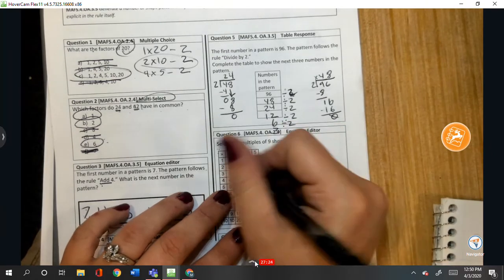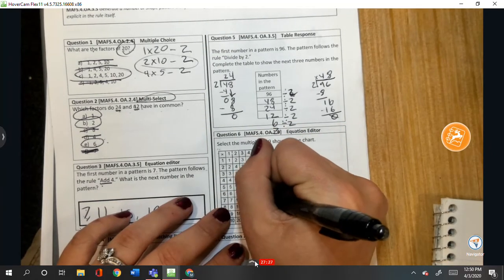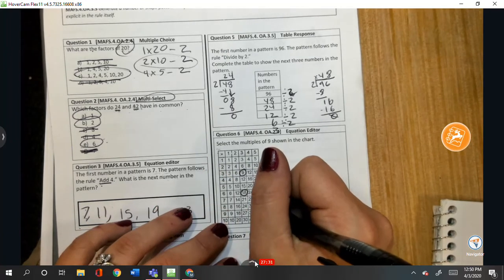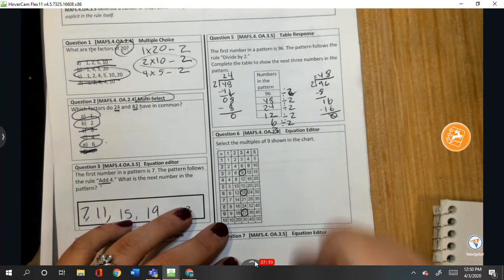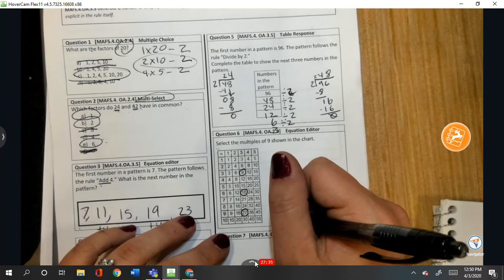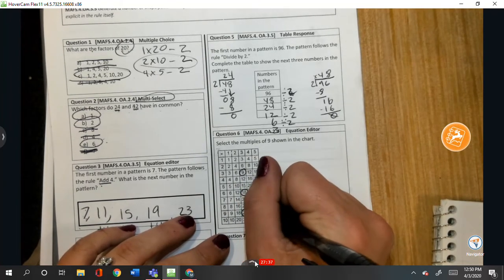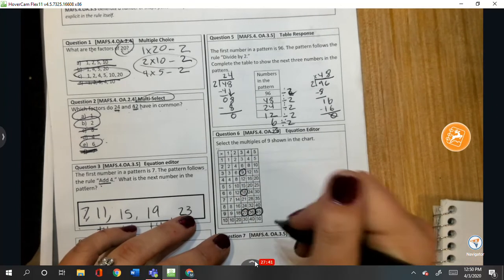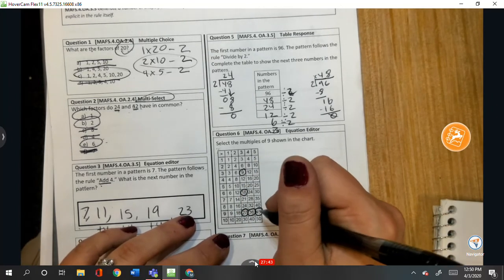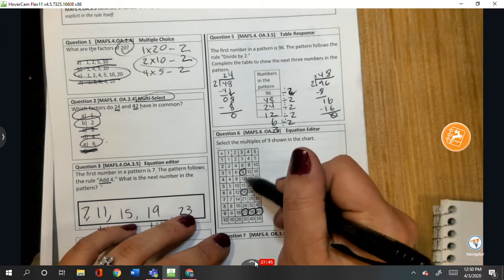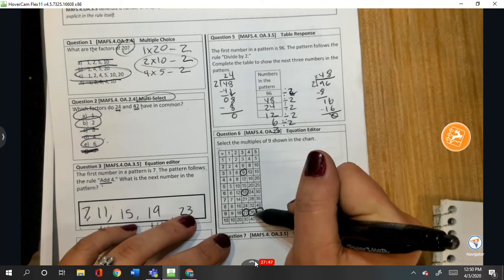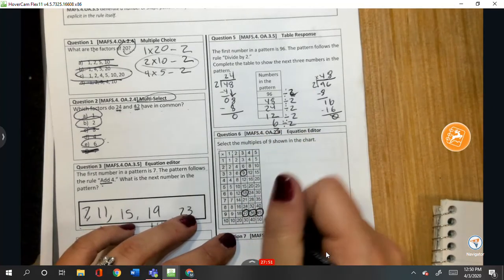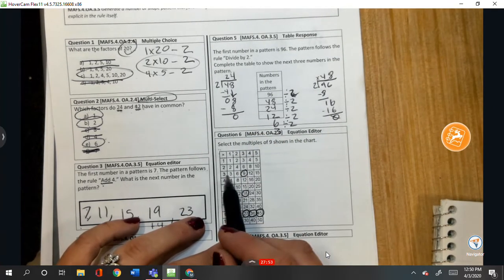Let's see, 9 times 2 would be 18. 9 times 3 would be 27. 9 times 4 would be 36. 9 times 5 would be 45. 9 times, did I skip one? 9 times 1, 9 times 2, 9 times 3, 9 times 4, 9 times 5. 9 times 6 would be, does it have it?